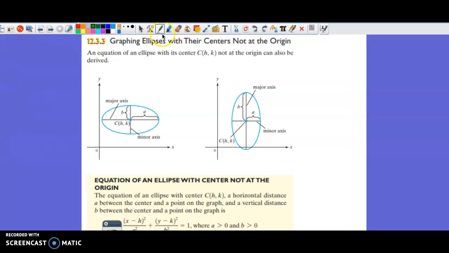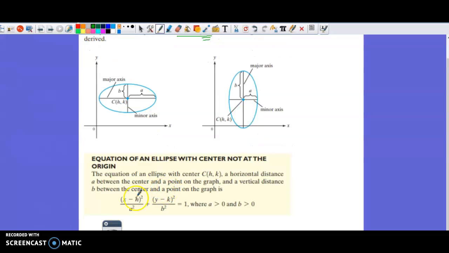So as we get into some of the rules, I'm going to try and keep everything as simple as possible, because this is probably the first time you've ever learned this. Just like a circle has a center, an ellipse has a center as well. And we label it the same way that we label the circle center, (h, k).